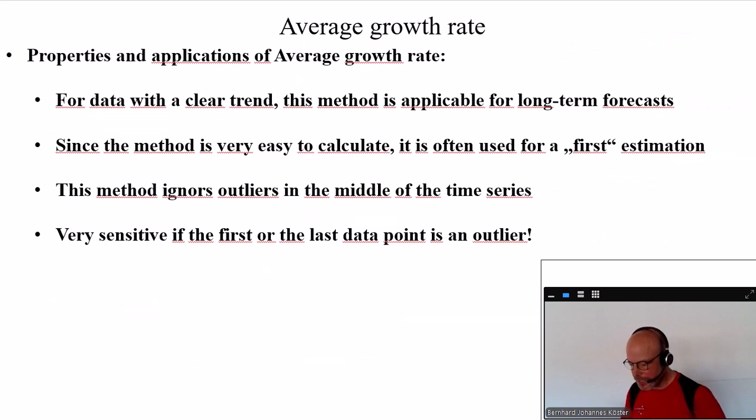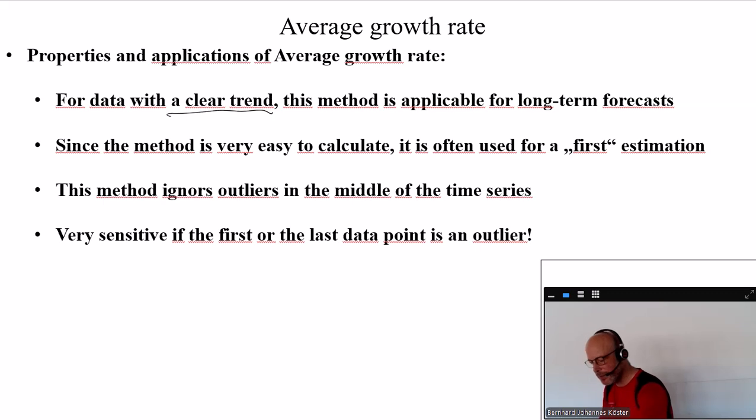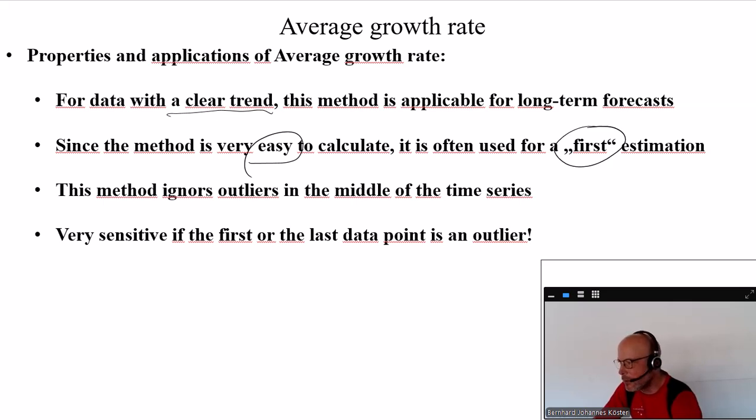Okay, so properties, quite clear. Well, if we see this clear trend, then this is a reasonable method. Also, this is quite often done because it's just an easy method. And therefore it is also used as the first idea.